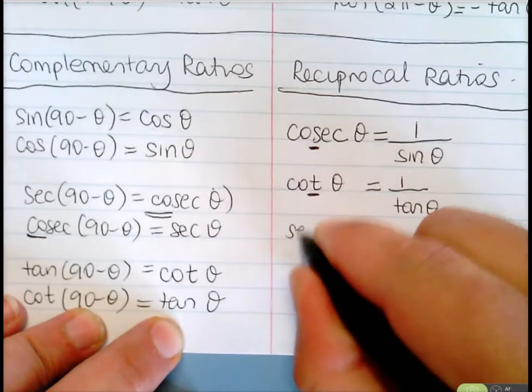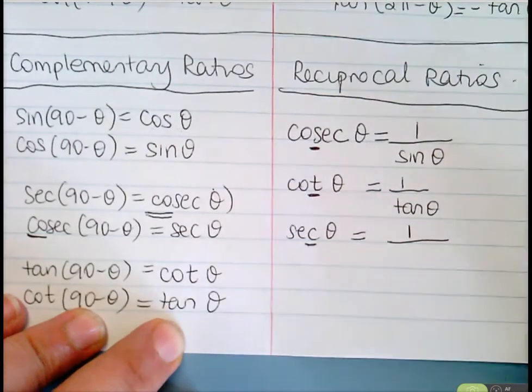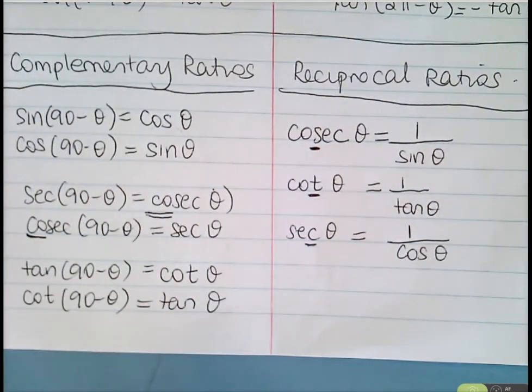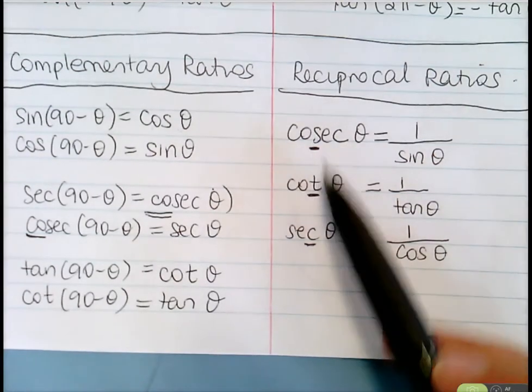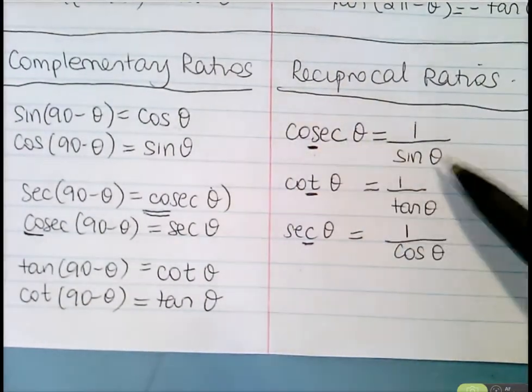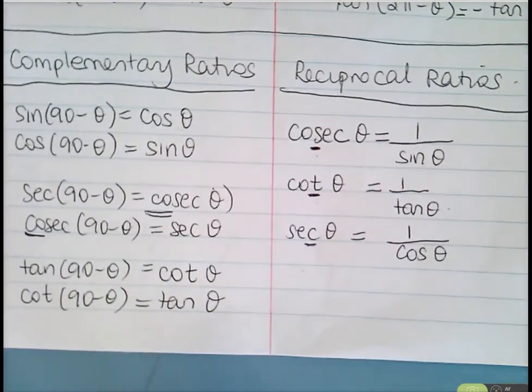And sec theta is 1 over the third letter, cos. So the reciprocal ratios, which are cosec, cot, and sec, the way you remember them is the third letter of those reciprocal ratios, being S for sine, T for tan, C for cos.